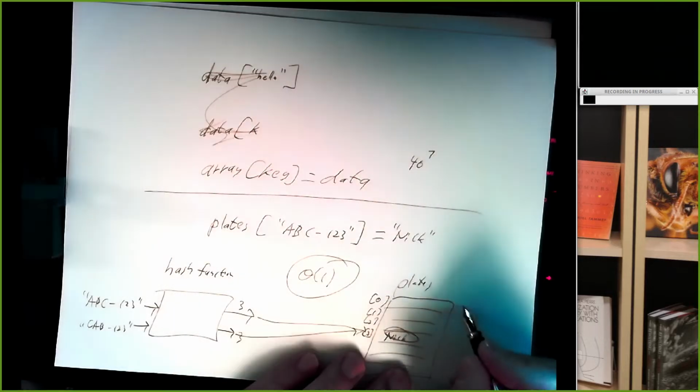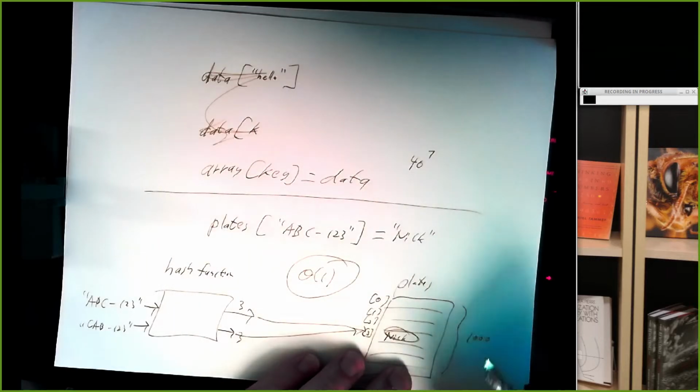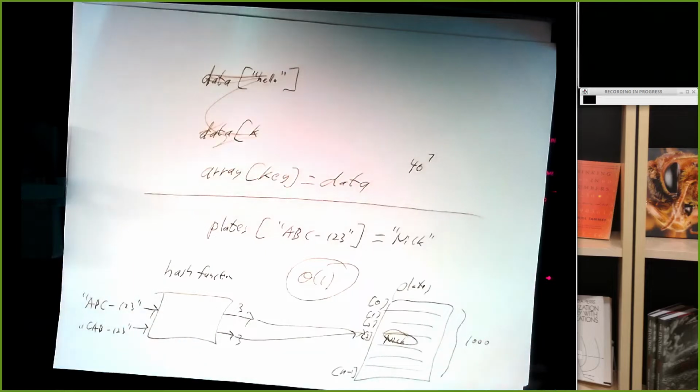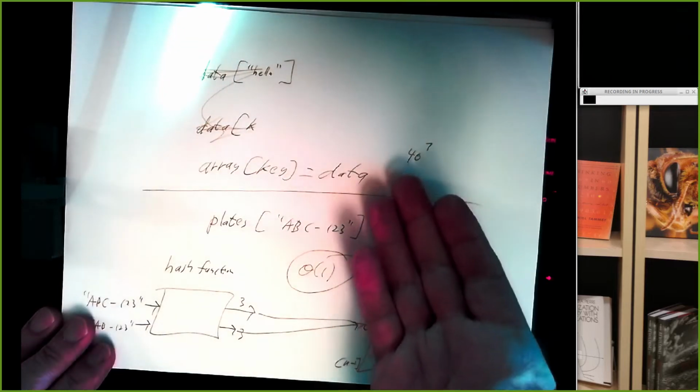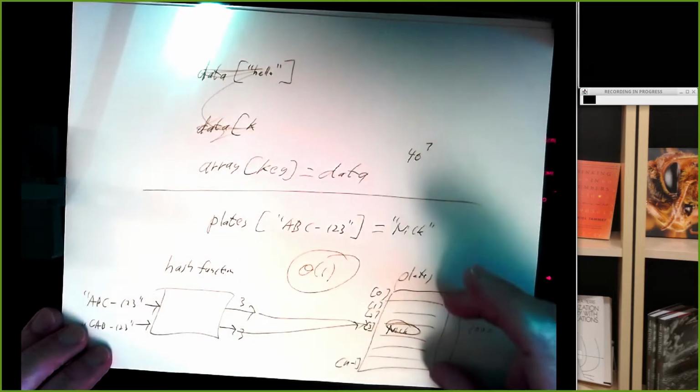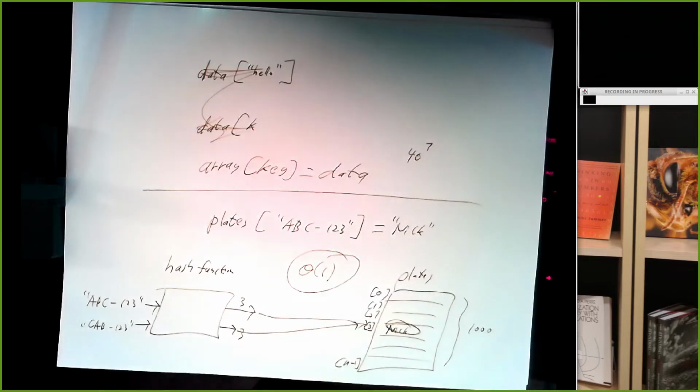And if my license plate database only holds 1,000 things, I can't fit 40 to the 7th pieces of information into an array that only holds 1,000 names. It's just not going to work. It's the pigeonhole principle. So inevitably I'm going to have collisions if I try to put too much stuff in.